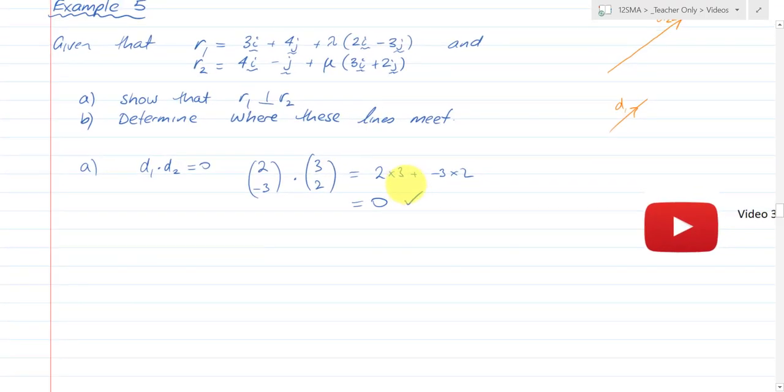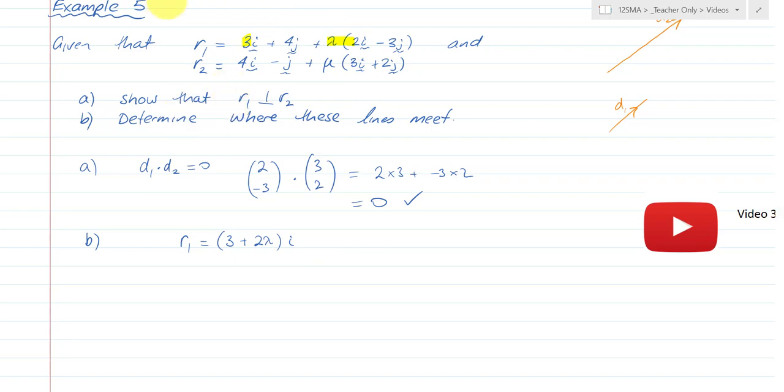So they are perpendicular. And then we need to determine where these lines meet. To do that, I'm going to start by rewriting R1 and R2 in i and j component form. So R1 is equal to (3 plus 2 lambda) i, and that's come from 3i and 2 lambda i there.